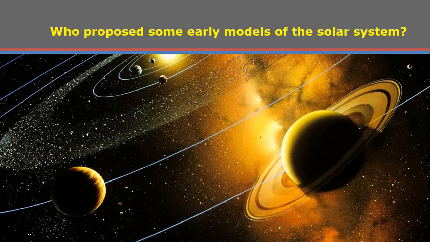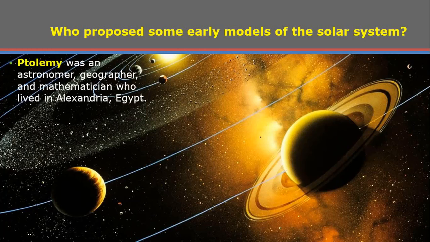Our last scientist for today we're going to talk about, who also worked on the geocentric model, is Ptolemy. Ptolemy was living in Alexandria, Egypt, and he was an astronomer, geographer, and mathematician.